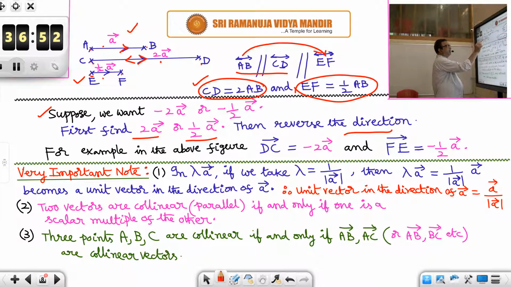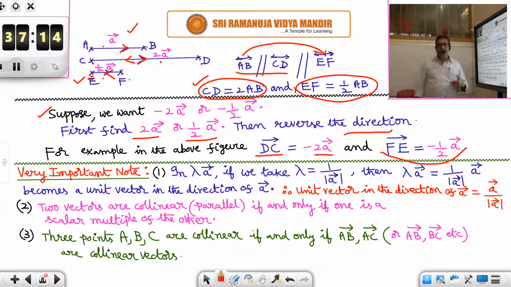Suppose you want minus half A bar, EF bar is half A bar, minus half A bar is FE bar, so just reverse the arrow like this. Okay, so that is what I have written. CD bar is 2A bar, DC bar is minus 2A bar. EF bar is half A bar, so FE bar is minus half A bar.